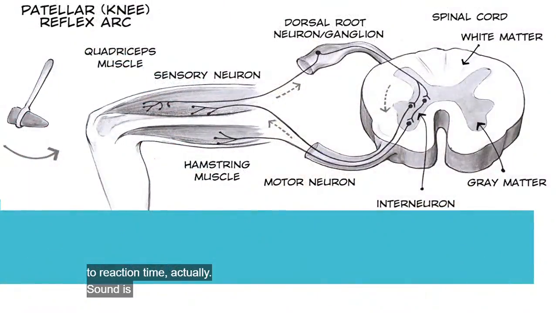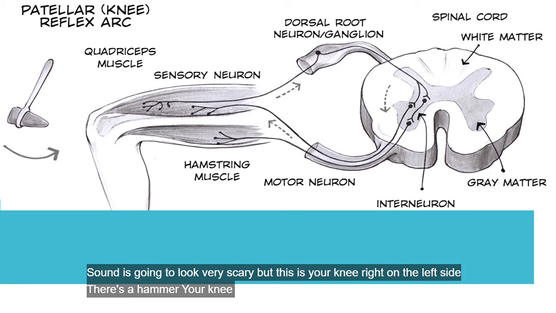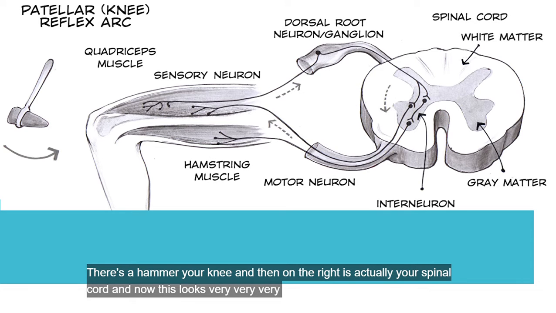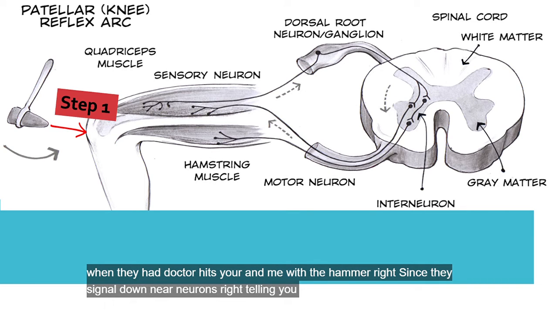So this is going to look very scary, but this is your knee, right? On the left, and see there's a hammer, your knee, and then on the right is actually your spinal cord. I know this looks very scary, very complicated, but we're going to simplify this a lot. So when the doctor hits your knee with the hammer, right, it sends a signal down your neurons, telling you, hey, your knee got hit.